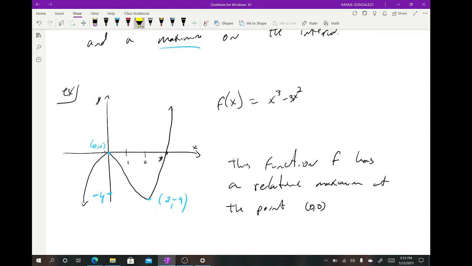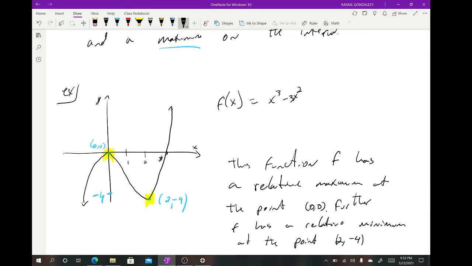That's this piece right here. Further, f has a relative minimum at the point 2, minus 4. That's this point right here.